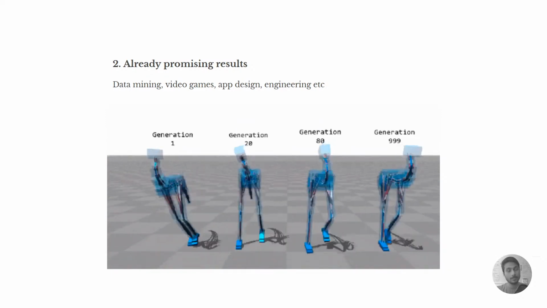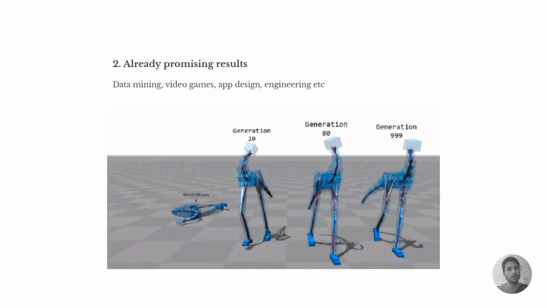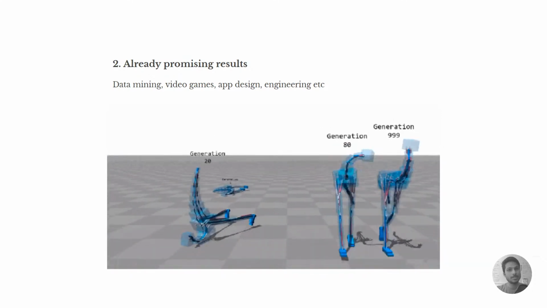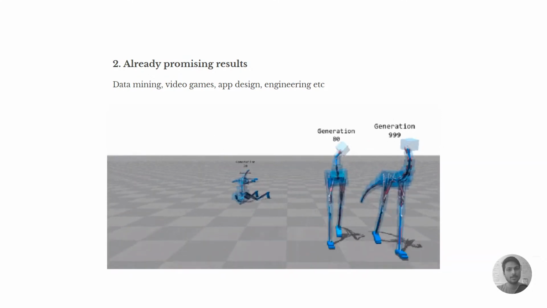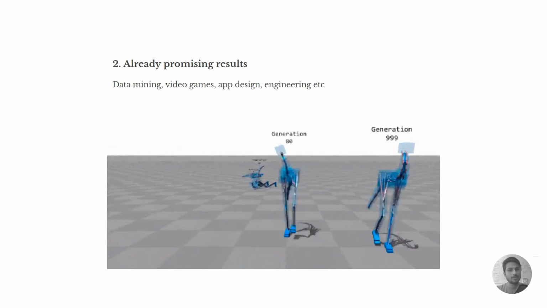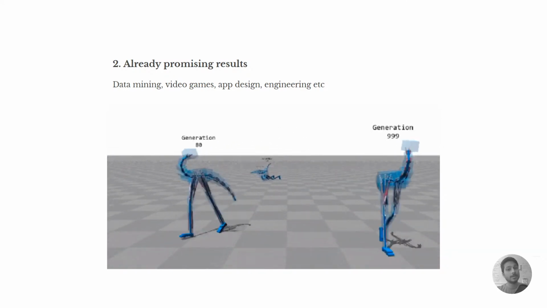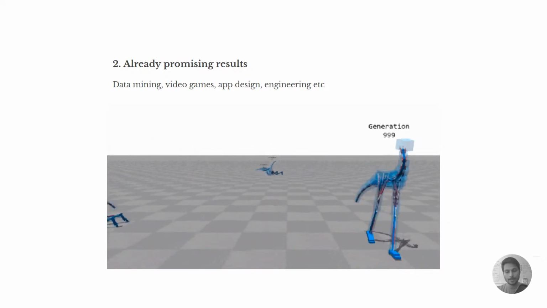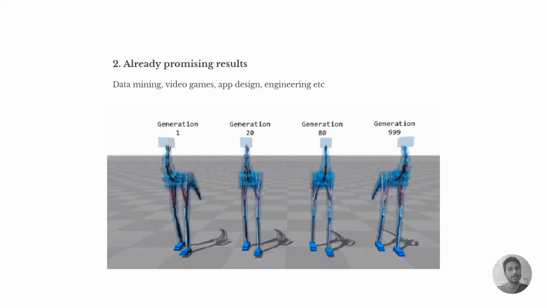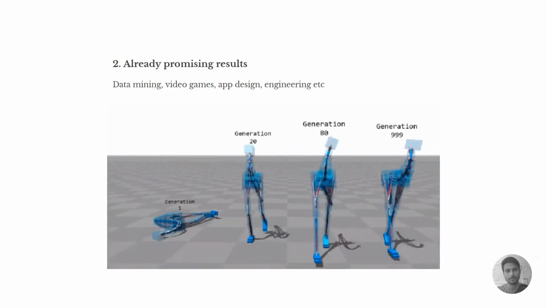It gives even better results than if you intentionally start to design. So it has been used in data mining, video games, especially in engineering, also in app design. We are going to see some examples later on.